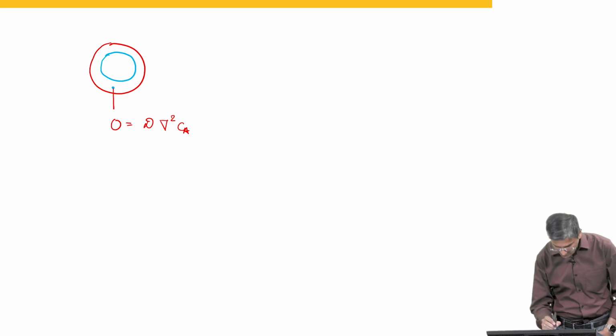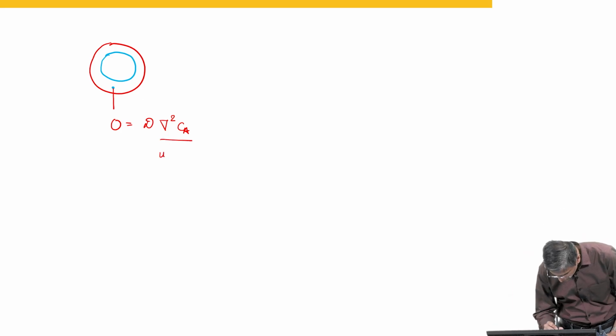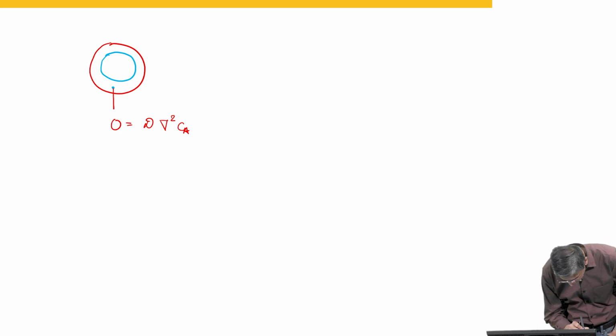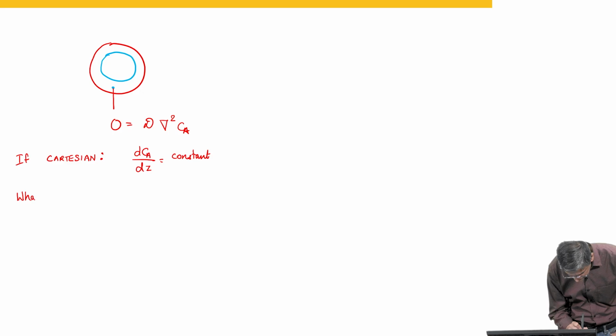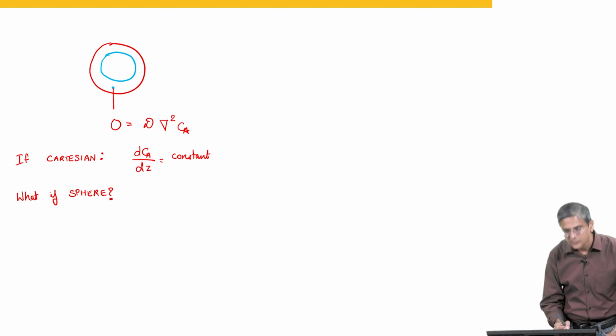Okay. But if it was Cartesian, this is going to be what? What if it is sphere?